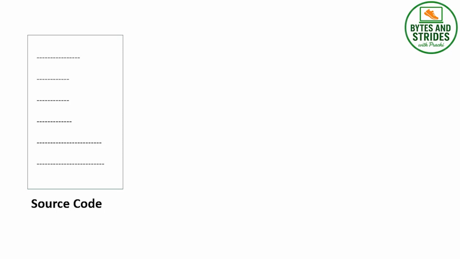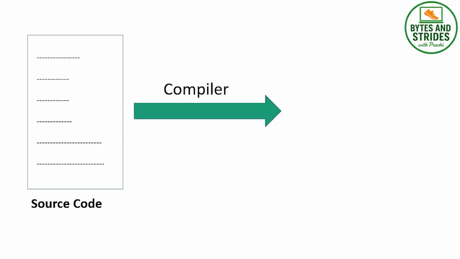Say I have written some program in some language. It has to be converted to ones and zeros. So I will see how a compiler works. I give my code to the compiler. Now what the compiler is going to do, it is going to check for the correctness of the syntax. If there is any kind of error, the compiler is going to point that out to me. Unless and until my code is completely error-free, my compiler is not going to convert it.